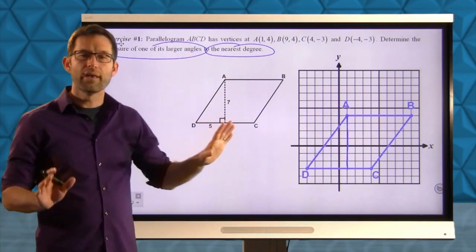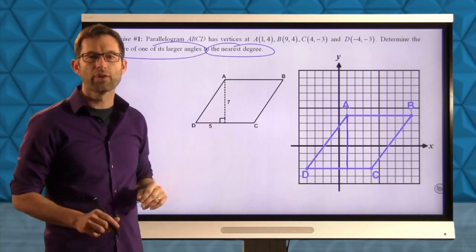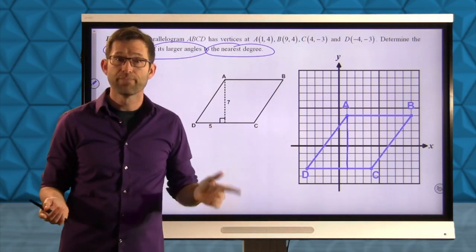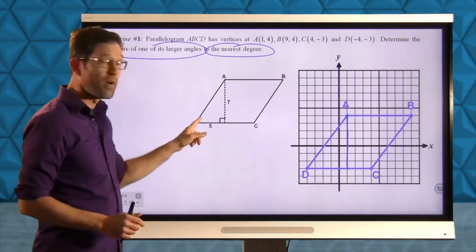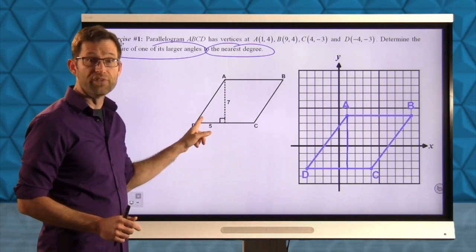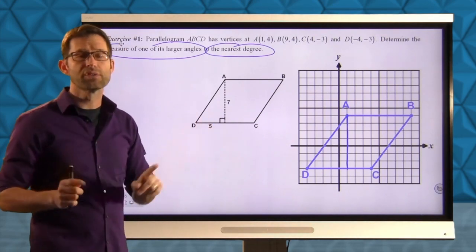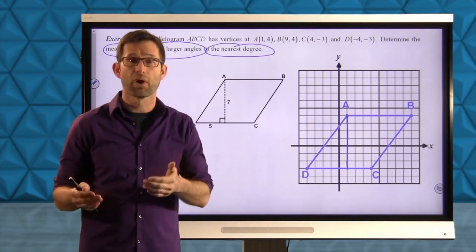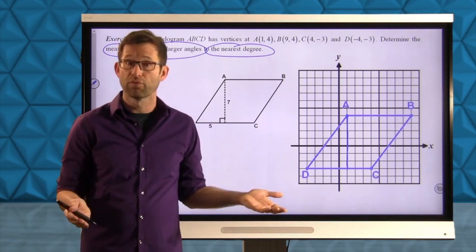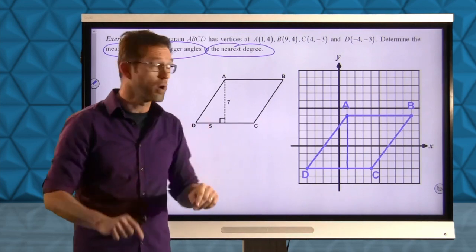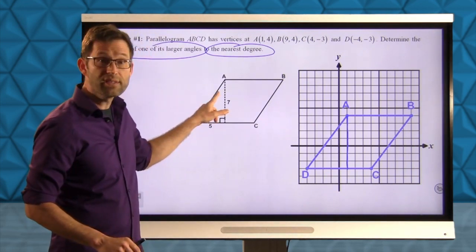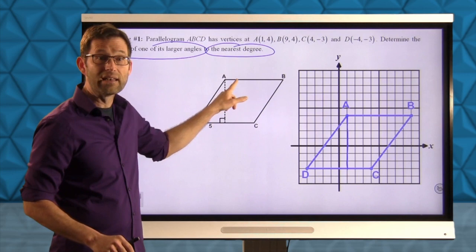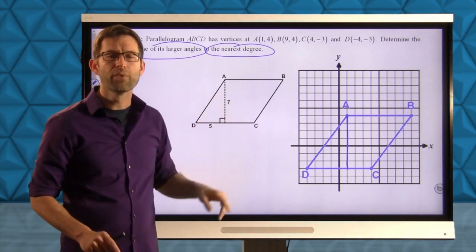There. Now, I can work in this right triangle in two different ways. I can either find the measure of this angle, angle D, and then use the fact that consecutive or adjacent angles in parallelograms are supplementary, they add up to 180 degrees, or I can use it to find this angle and then add it to 90 in order to find the angle I want.